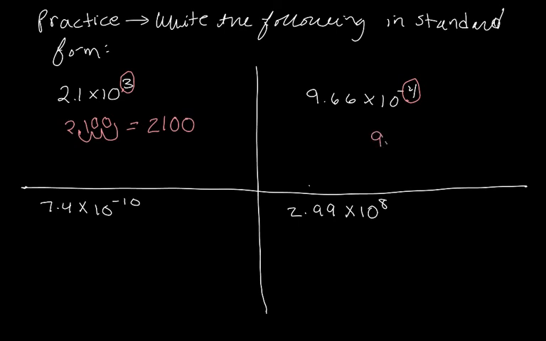So we rewrite our value, and then we move our decimal place 1, 2, 3, 4. We place our new decimal place here, and again, since we ran out of digits, we just fill in the blanks with zeros, and then we always add a 0 to the left of the decimal place as a placeholder. So 0.000966.